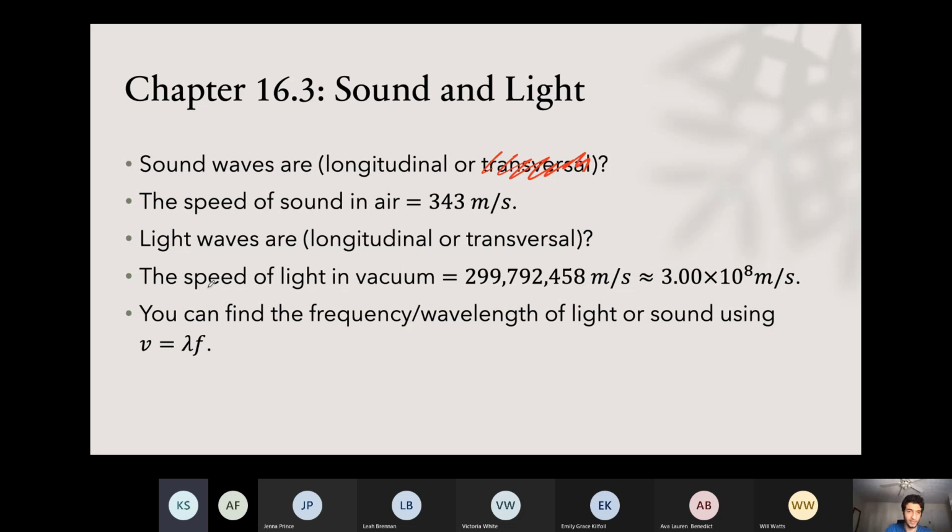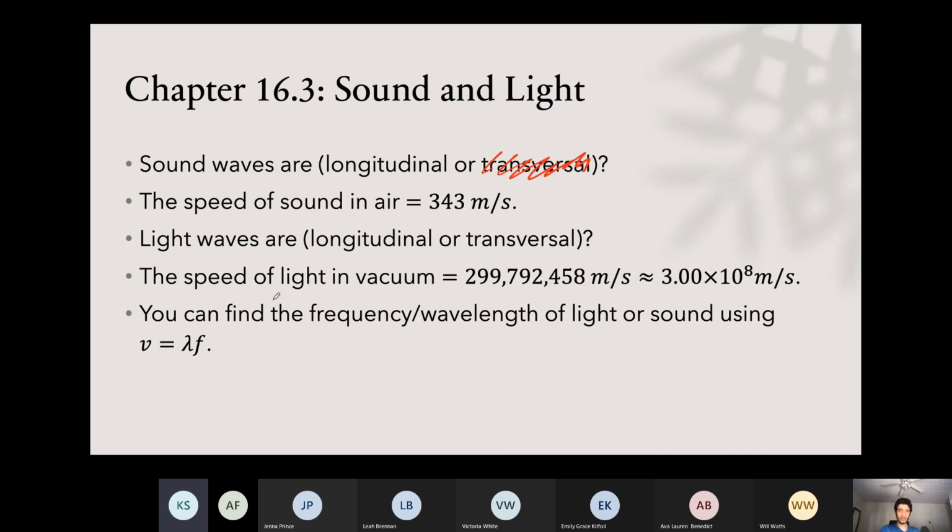And the speed of light in vacuum is this insane number, which is the fastest thing in the universe. Anything that goes faster than that burns, literally. You can just approximate that to 3 times 10^8. Most of the time this would work, unless they specify to be accurate, and you just take the first 3 numbers and put the rest as 0.